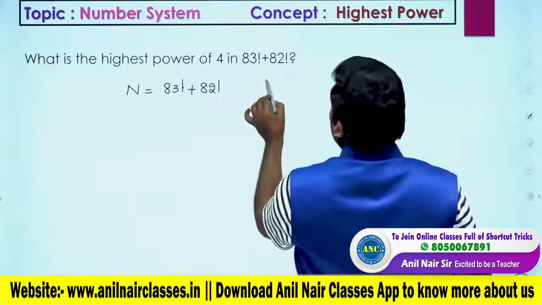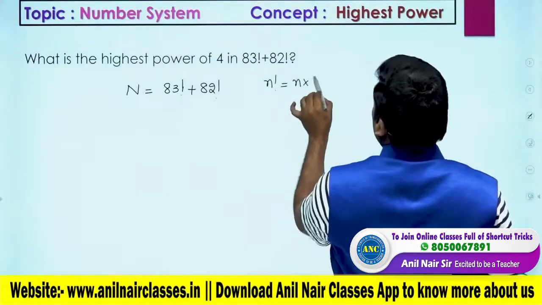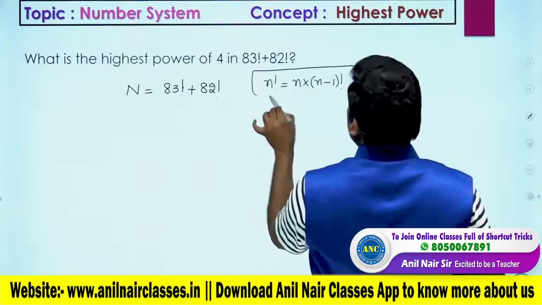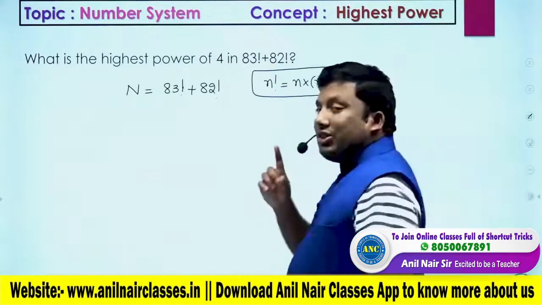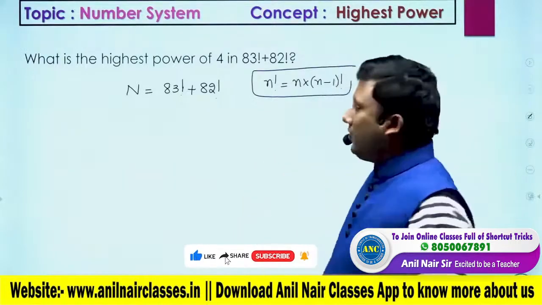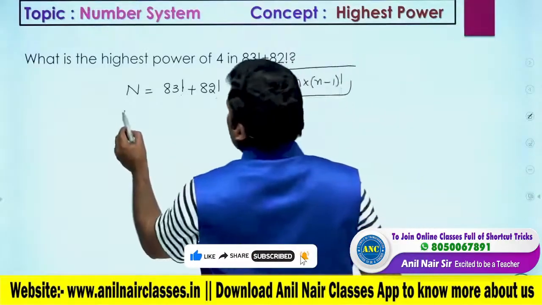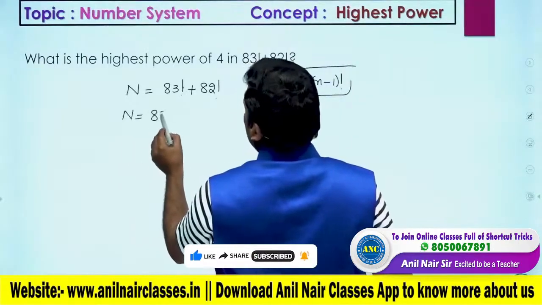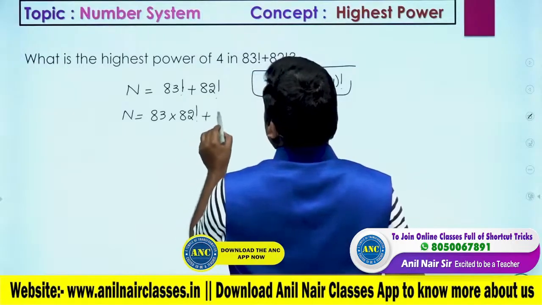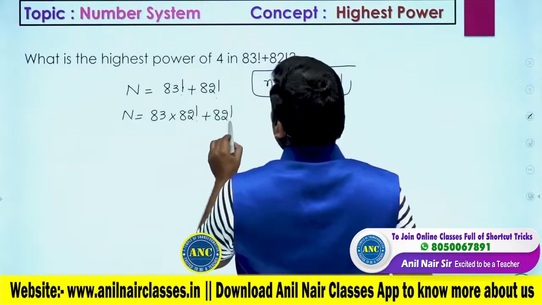N factorial is defined as N into N minus 1 factorial. I am going to use this concept because 83 factorial can be written as 83 into 83 minus 1, that is 82 factorial. So this will be 83 into 82 factorial plus 82 factorial.